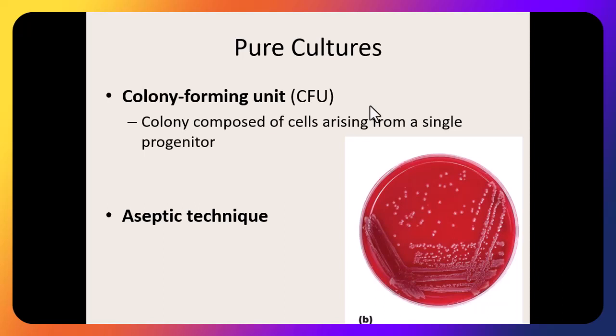One bacteria landed, it became 2, then 4, then 8, 16, 32, and so on until it becomes 5 million bacteria, visible as a colony. So I can visually see it and count it. Even though I can say there's 50 colonies right here, it all originated from 50 single bacteria.